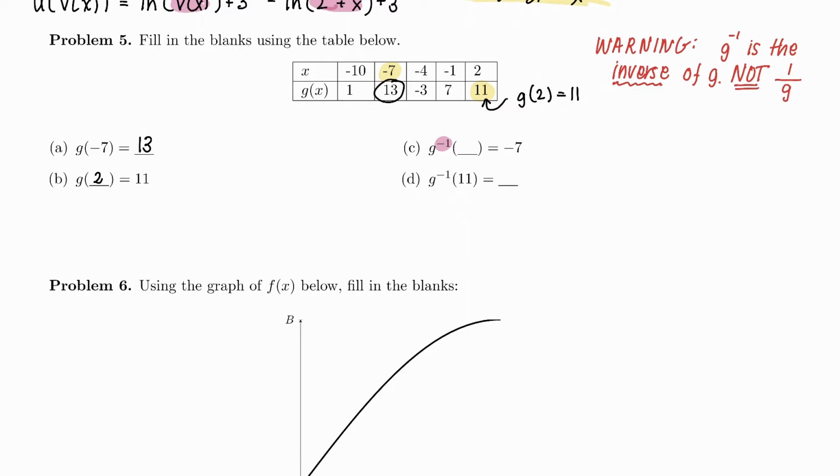So what g to the negative 1 of blank equals negative 7 is asking me is, what do I plug in? I guess what I want to say here is that this flips.